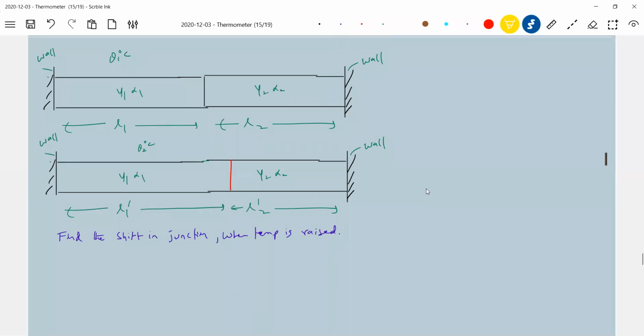Two different rods are there, so you can see this is one rod. You can see from the diagram that the junction got shifted.